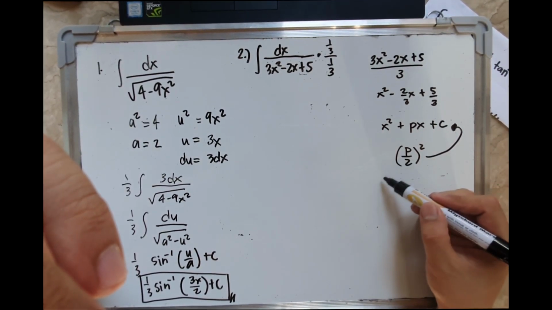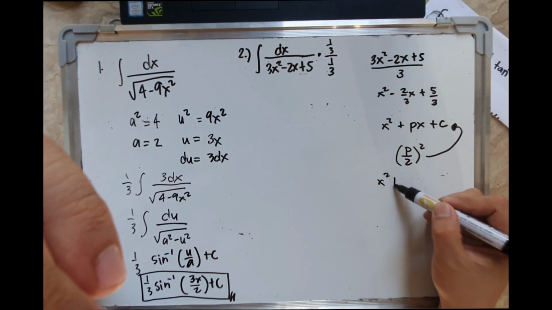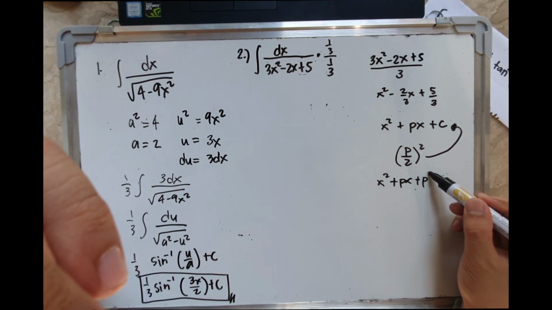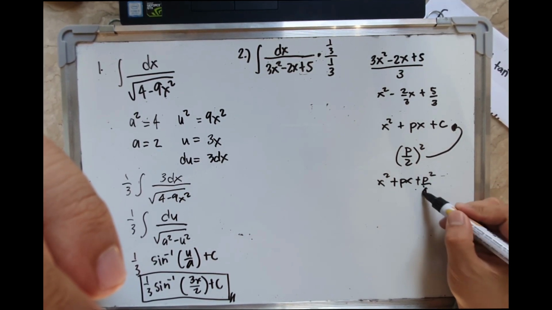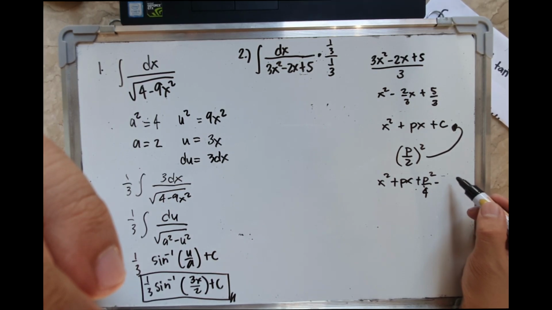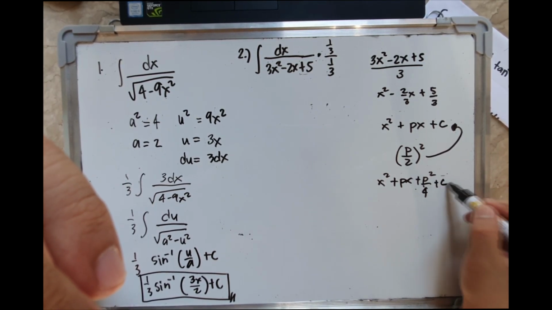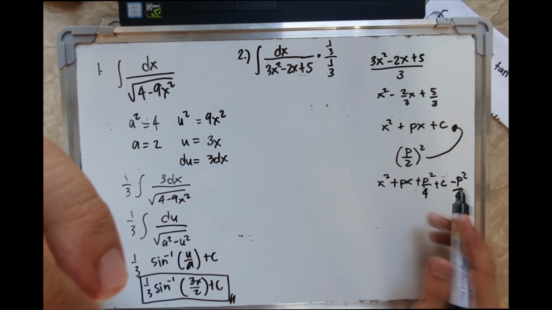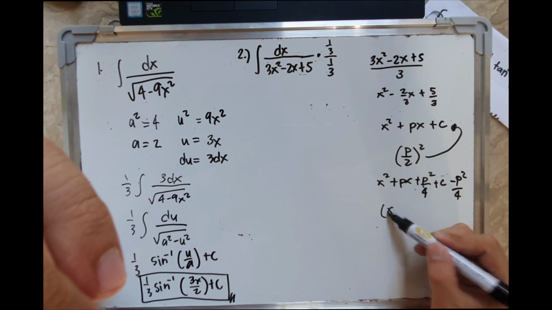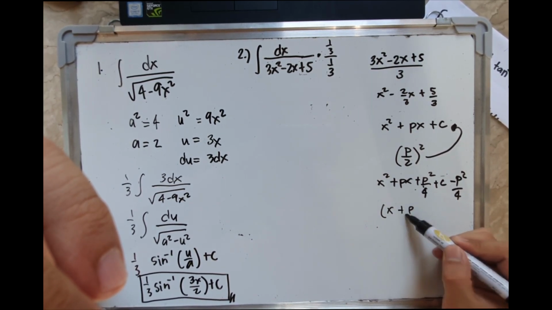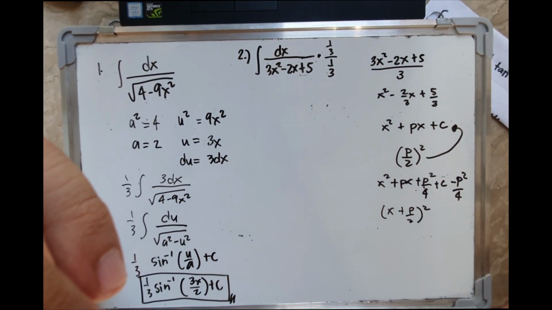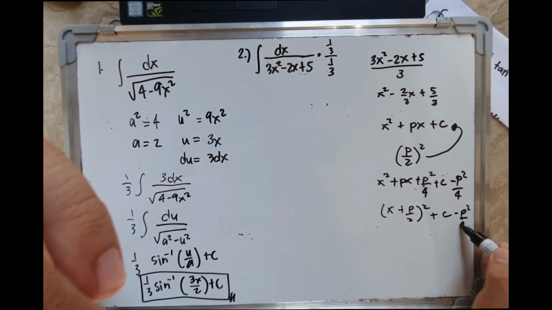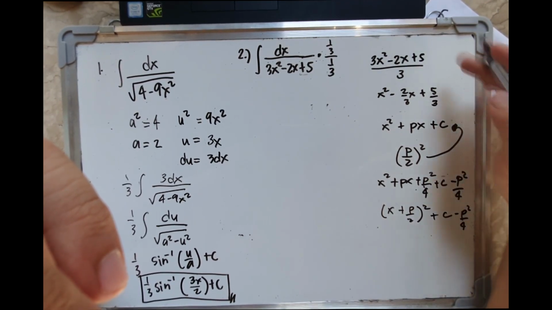So we will be having x squared plus px plus the square, p squared over 4, plus c minus p squared over 4 to complete, and to have x plus p over 2 squared, and we have c minus p squared over 4. So we'll use this technique, completing the square.